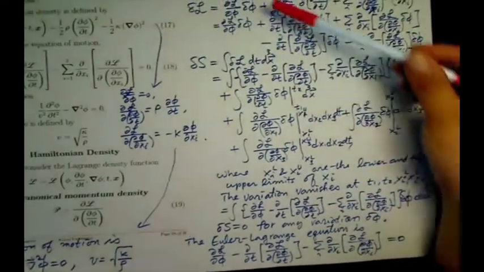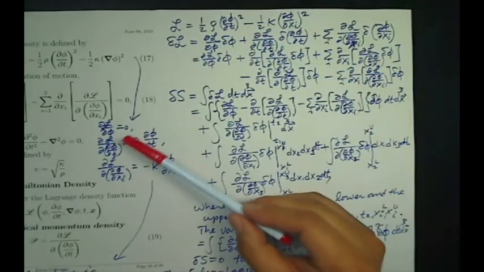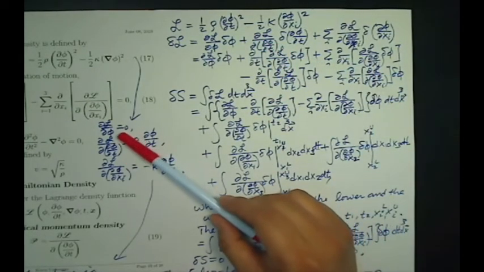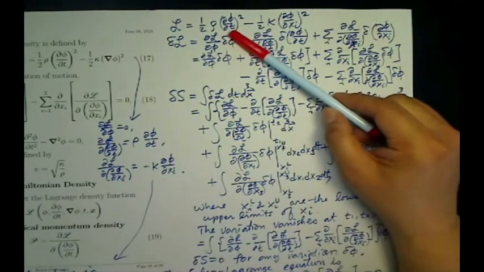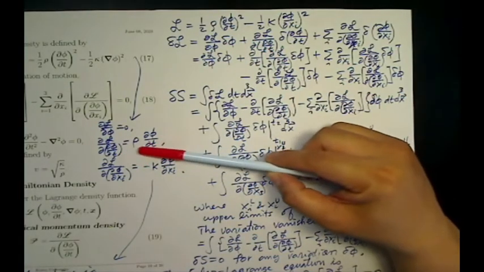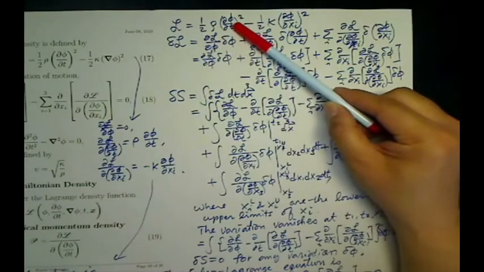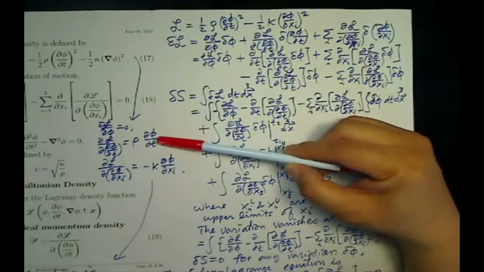We make use of this Lagrangian density function. We take the partial derivative with respect to the field, and that vanishes. We take another derivative with respect to the time derivative of the field, that is rho times, by making use of the chain rule, we find this.